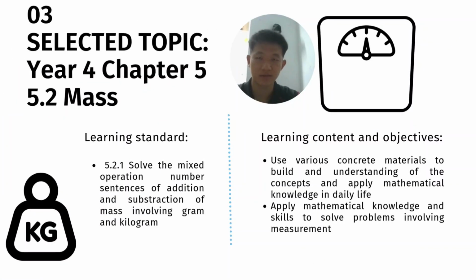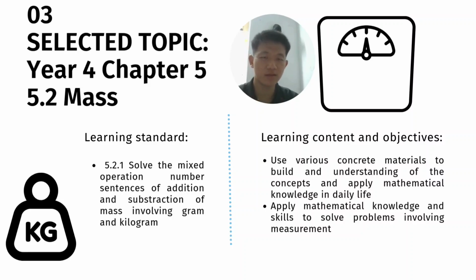Number 3, selected topic. The topic I select is Year 4, Chapter 5, 5.2. The learning standard is to solve mixed operation number sentences of addition and subtraction of mass involving gram and kilogram.